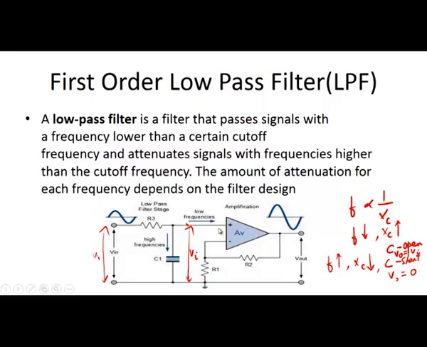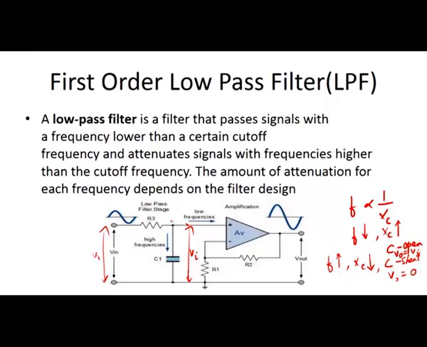So, for this setup, we have to calculate the transfer function of this particular circuit, and the frequency response of the low pass filter for lower input frequencies and higher input frequencies. For this, first we have to calculate this voltage, say this is VA, because that is the voltage given to the positive terminal of the amplifier.